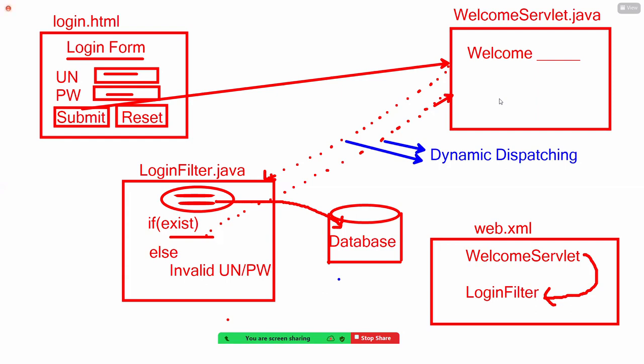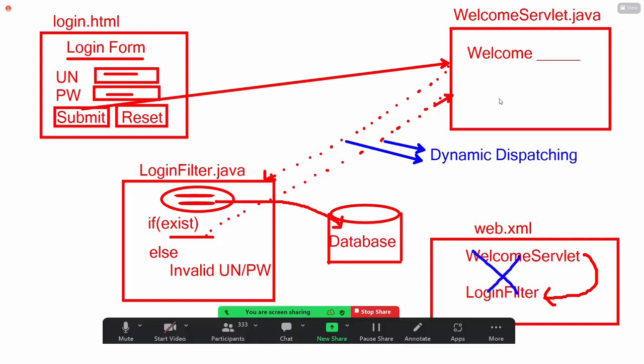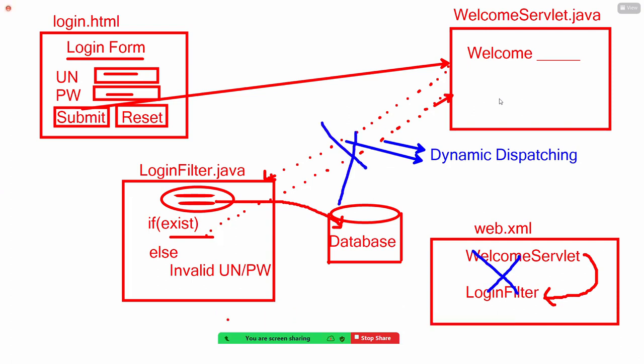Otherwise, servlet is not executed. Okay. Now, if I break this configuration, if I remove the configuration, these links are broken. Now, always welcome is displayed. That login doesn't check username and password in the database. Again, if you want to add, just configure, it will be added.